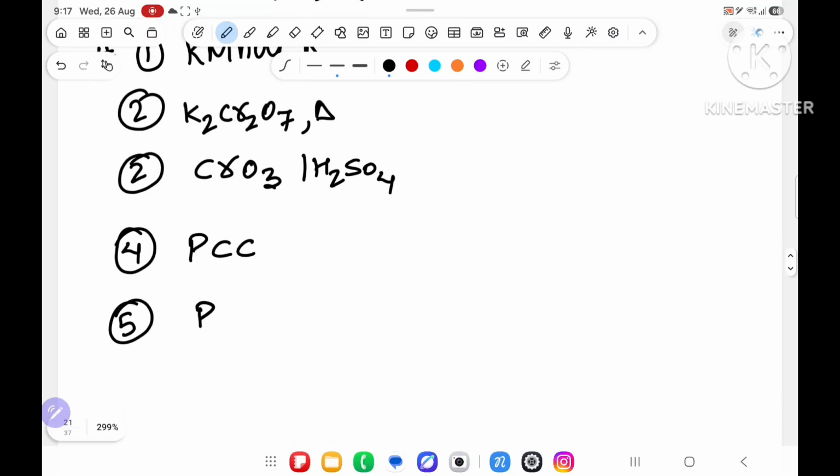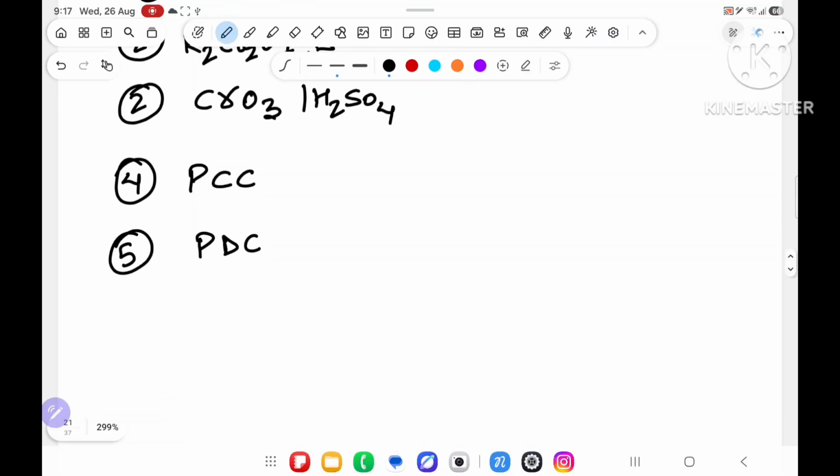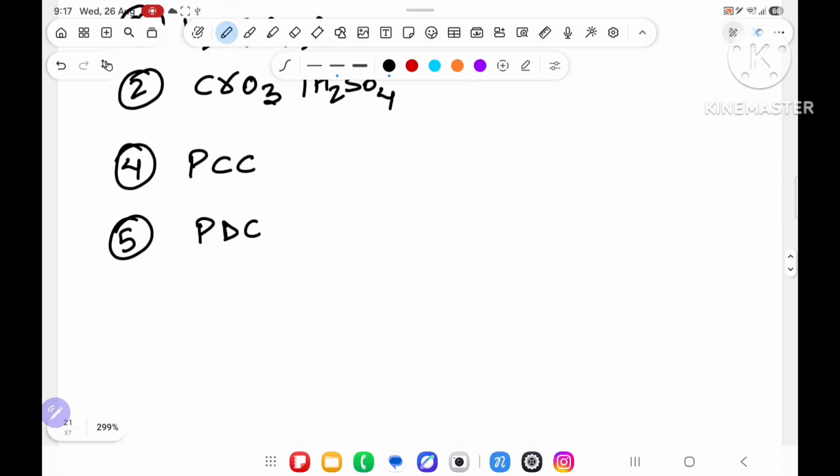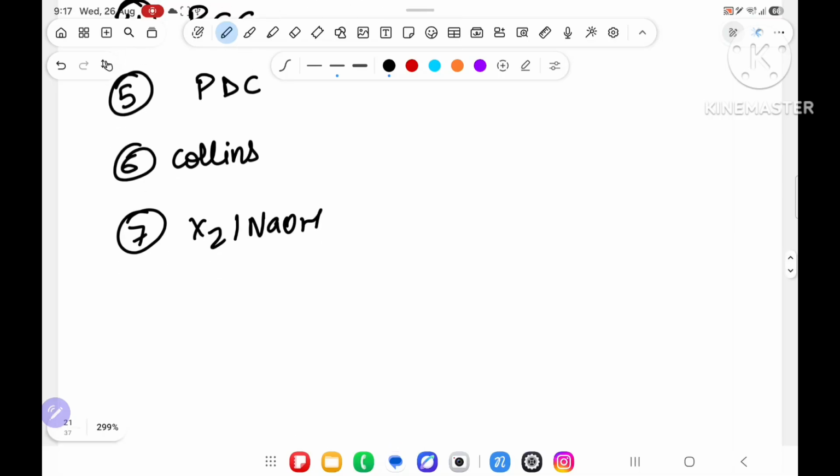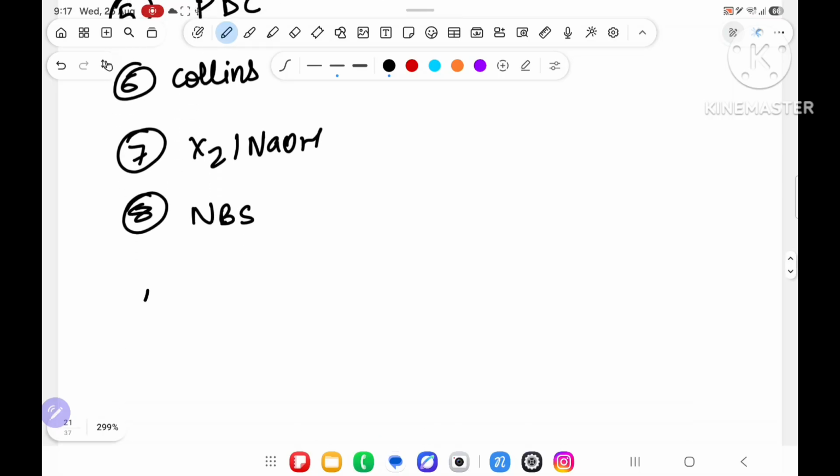Fifth reagent is PDC, pyridinium dichromate. Sixth reagent is Collins reagent. Seventh reagent is X2 in presence of NaOH. Eighth reagent is N-bromosuccinimide. Ninth reagent is copper at 300 degrees Celsius and heat.